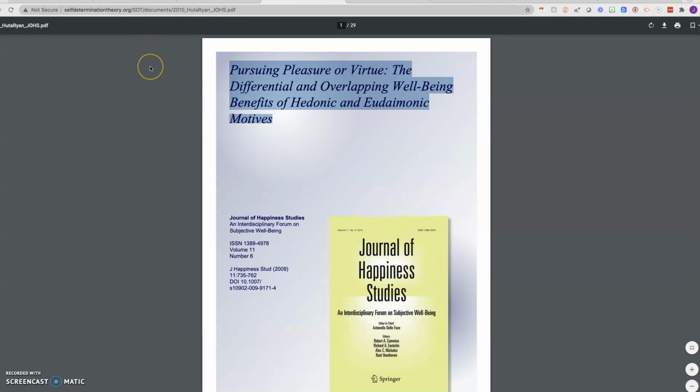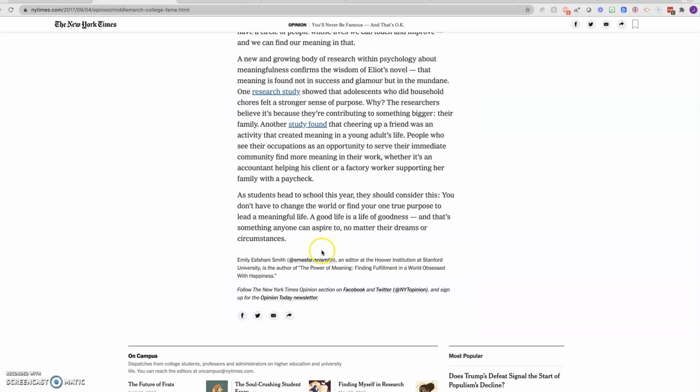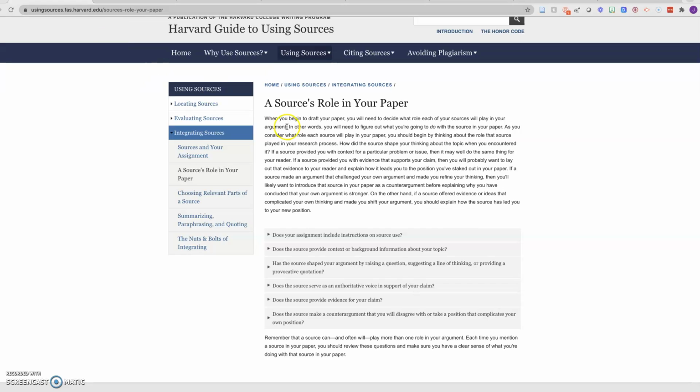So their peers have looked at this and said, yeah, this is quality stuff. So those sources she's linked, that's how she's incorporated them, and she's paraphrasing and summarizing some of their content. Again, that's how she's incorporating them, but they are serving as evidence. They are serving as authoritative voices, and they're also helping her line of thinking.